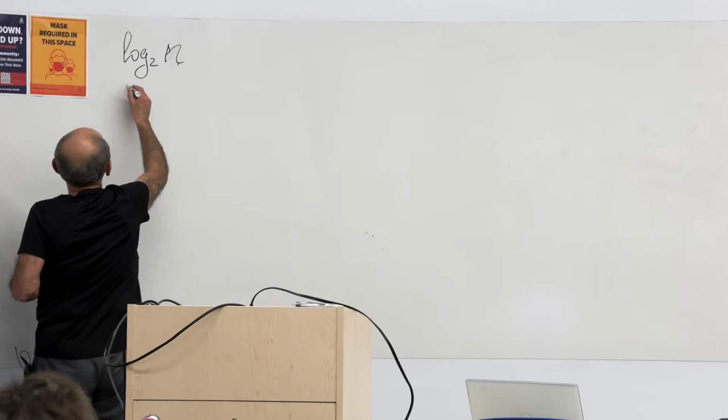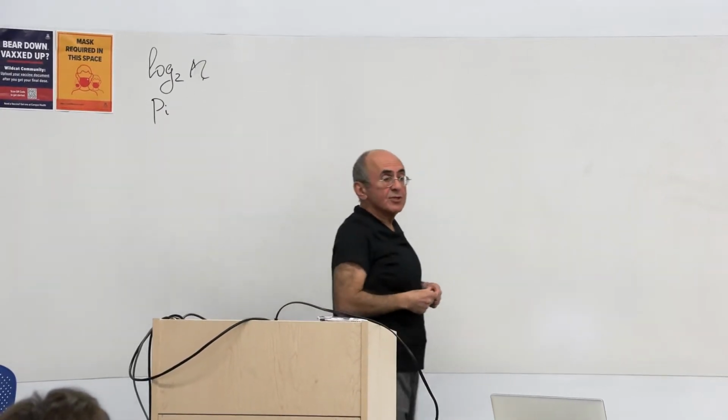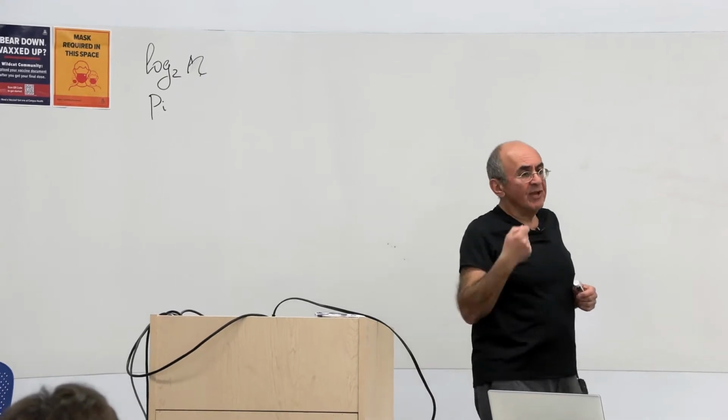I'm reminding what we did before. When we have different probabilities of different possibilities, the p_i's, how do we measure uncertainty? We now measure it on average.